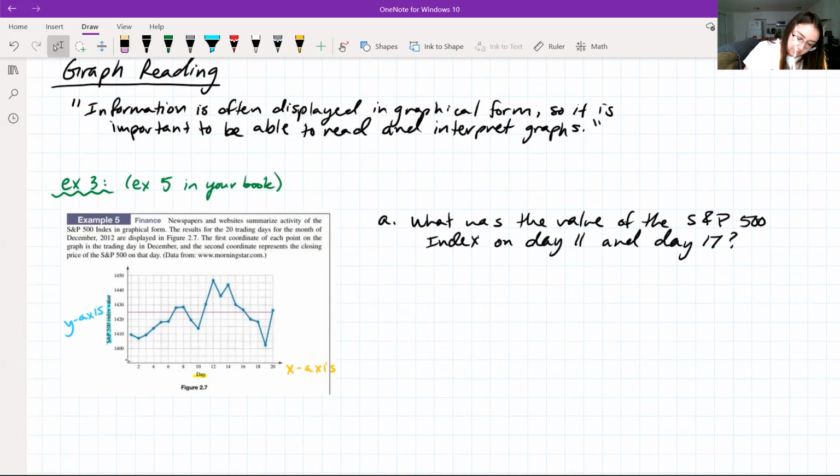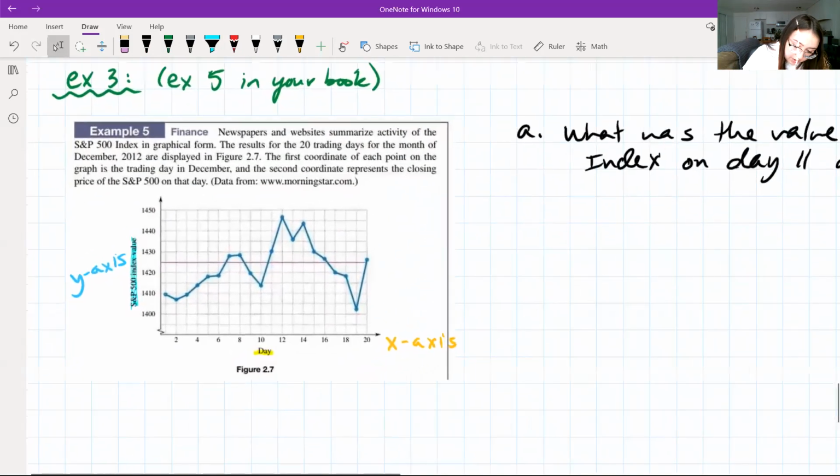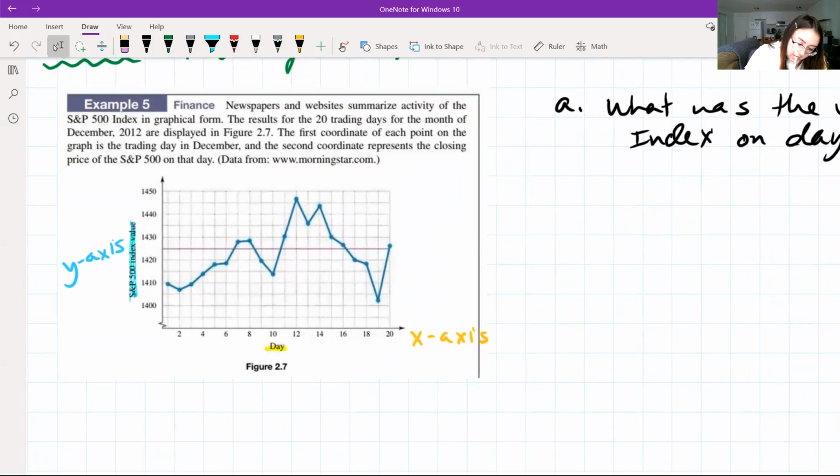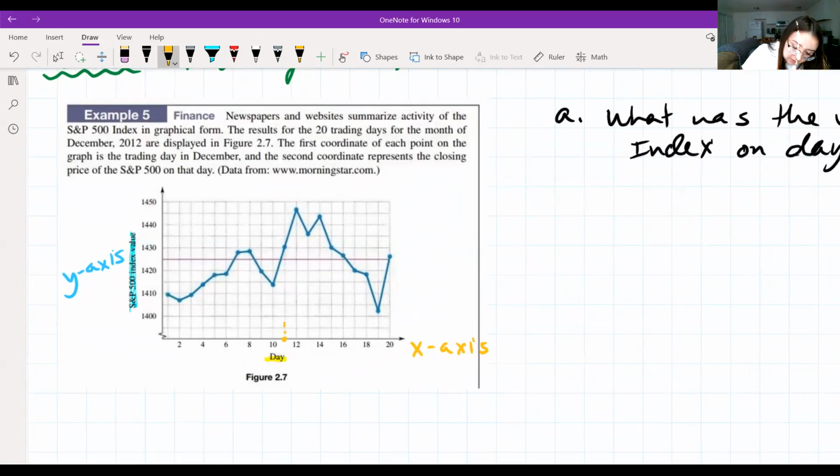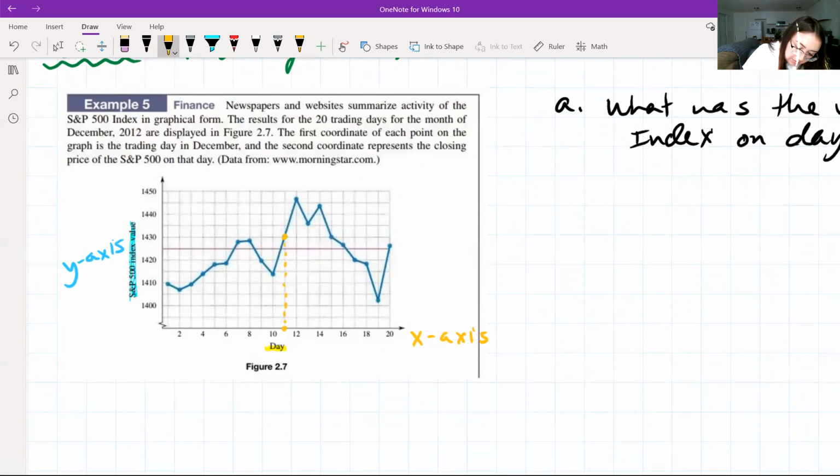All right, so we want to start with day 11 and day 17 to find our values. Let's zoom in on our graph. We start at day 11, which looks like right here. The value is going to coordinate with our y-coordinate. So if we start at 11, all we want to do is track upwards until we hit the point where we touch our graph.